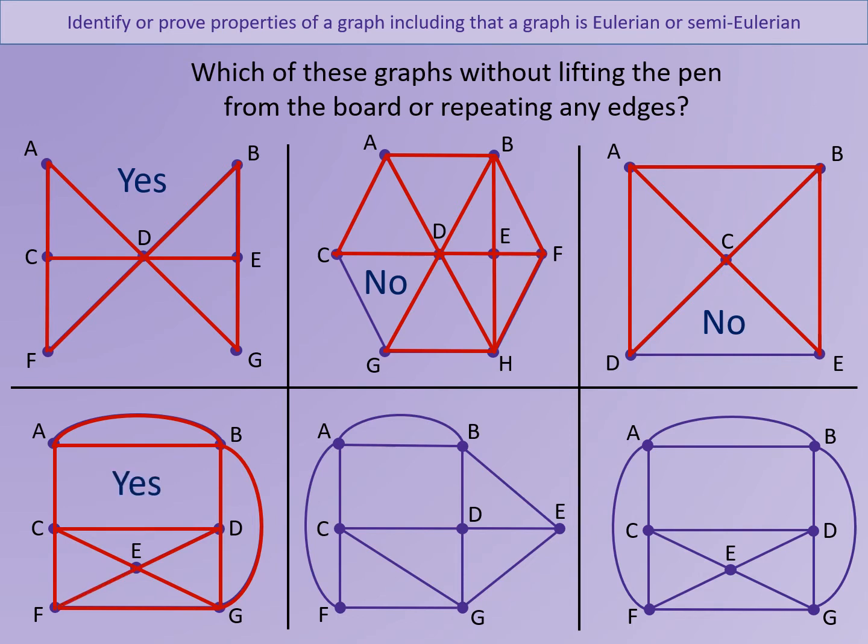Graph 4, this is possible, and in this case we started at A and ended at F. This is possible with graph 5. And again possible with graph 6. Now you'll notice that with graph 6 we actually started and ended at the same point. We started at vertex A, so we'll look at what it is about this graph that makes that possible.